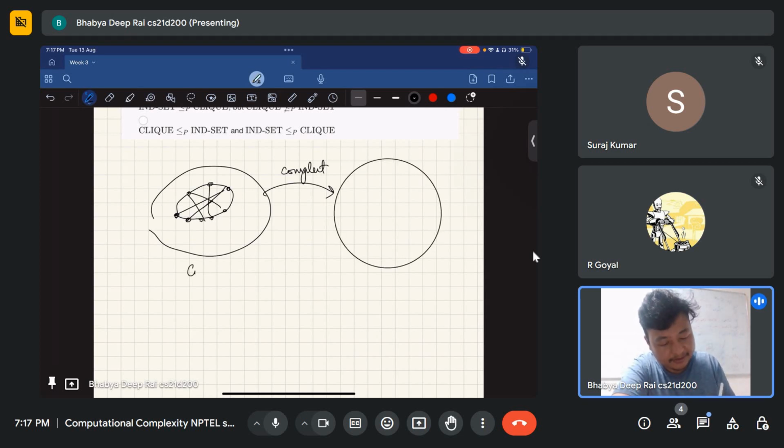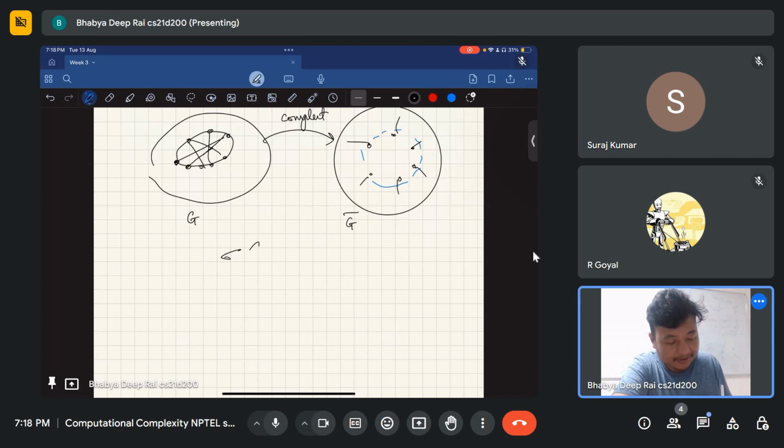So this is G, this is G bar. Then these vertices will not have any edges between them, but they'll have edges to others where they did not have. So this forms an independent set. So the reduction sigma simply takes G and K and transforms it into G bar and K. That's the reduction.